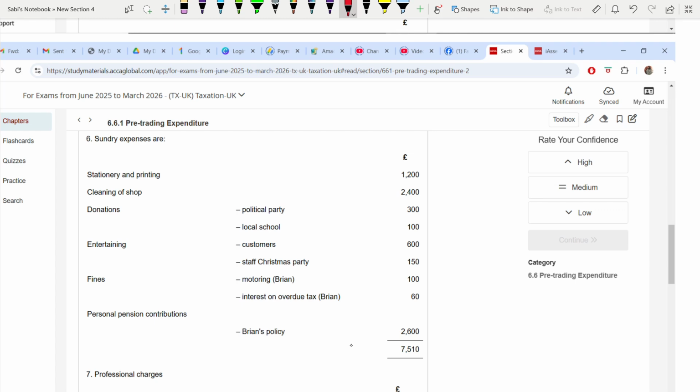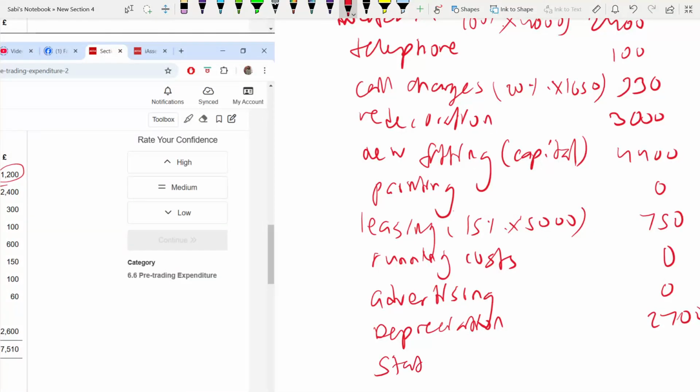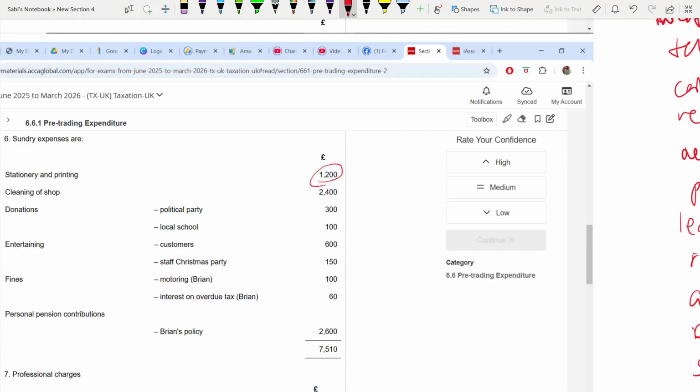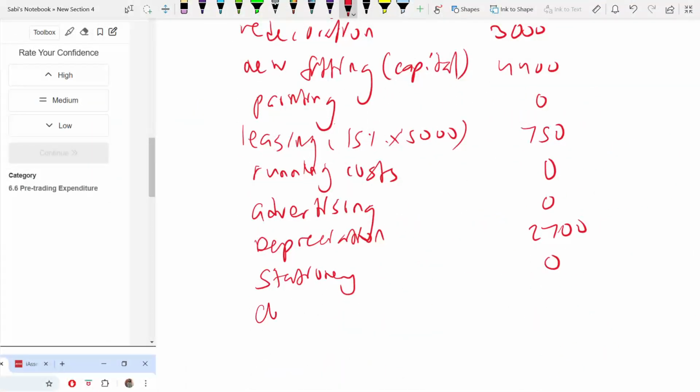Stationery and painting, this is allowed. So stationery allowed, 0. Then we have cleaning of shop, 2400. Cleaning of shop is also allowed. So it is 0.